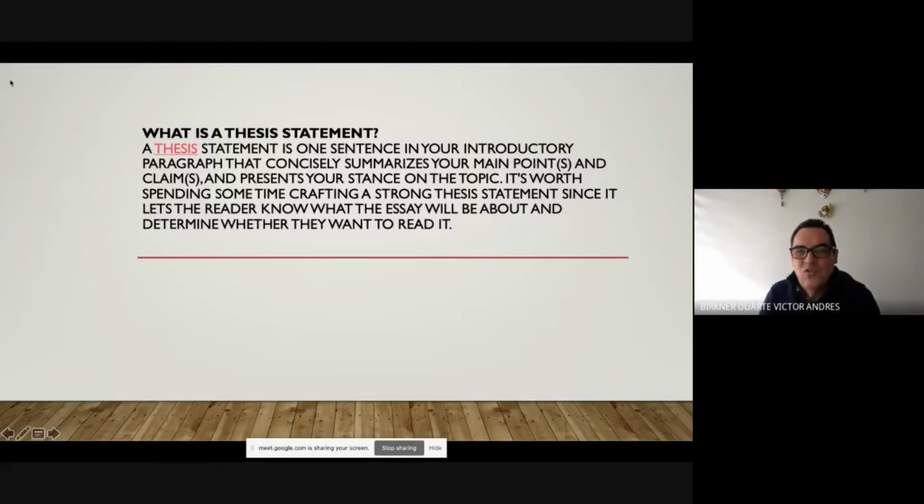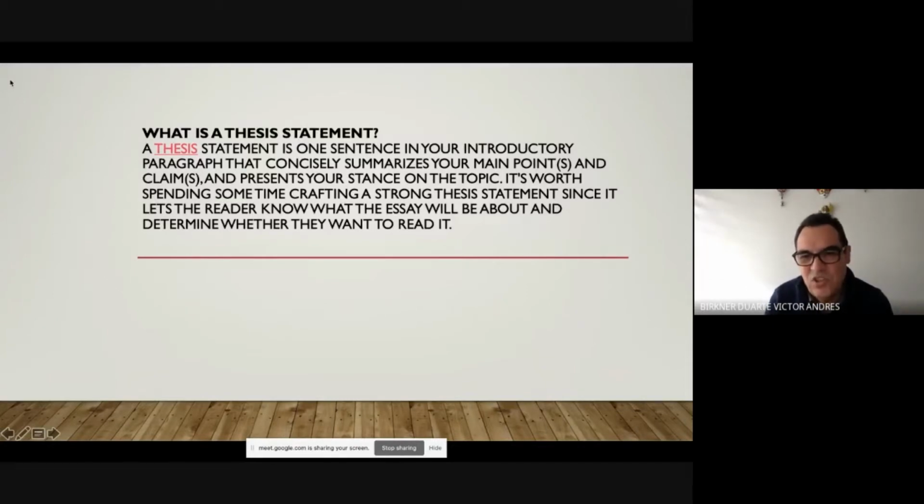For example, we usually present sensible topics like abortion, for example. Another one, experiments with animals, as I said the other day. Smoking, for example. Okay, those are sensitive or sensible topics, and we have to take a position. Some people might think that smoking is dangerous for health, while others might say that it is not, right?